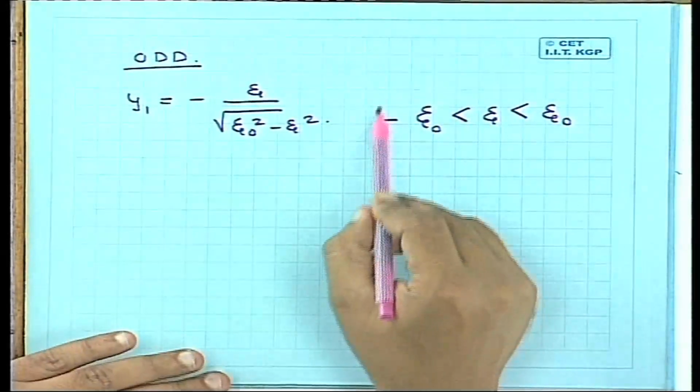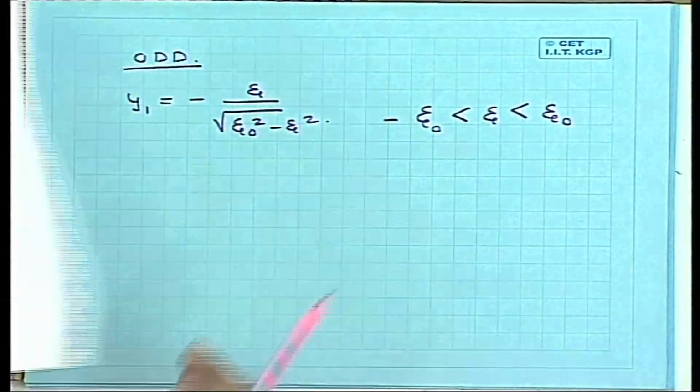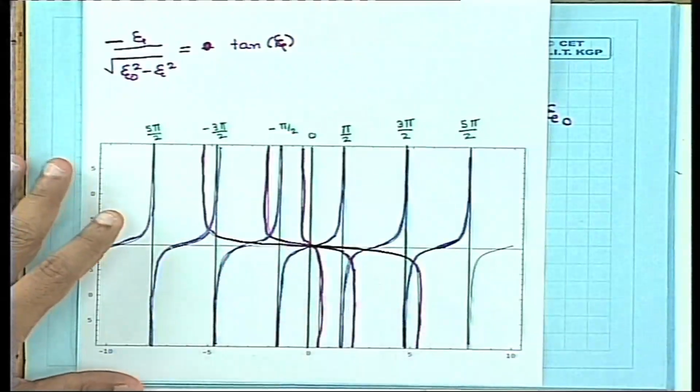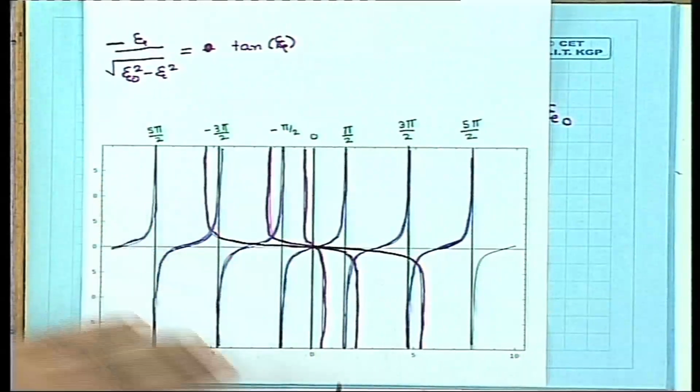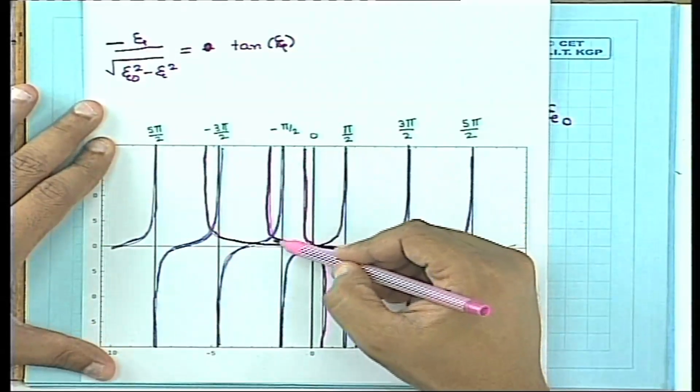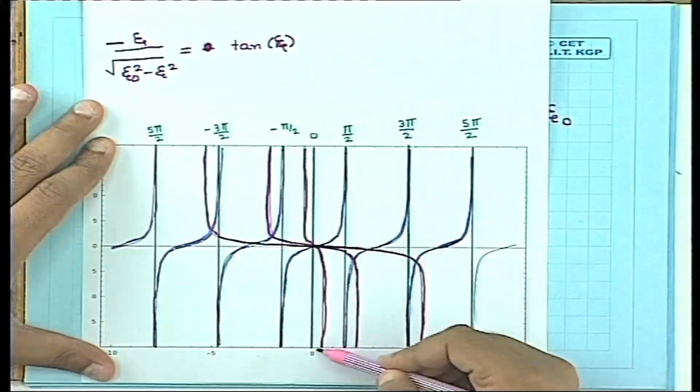So we are considering xi naught very small, less than pi by 2. This is xi naught for a value of 0.5 over here. When it reaches 0.5, it blows up.